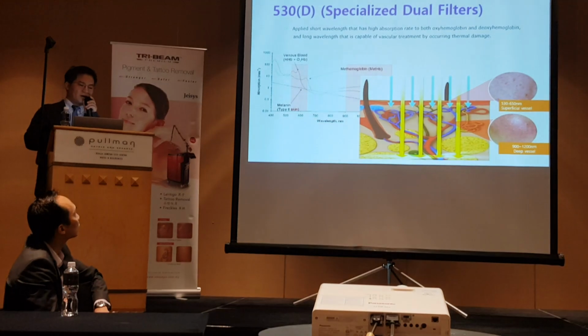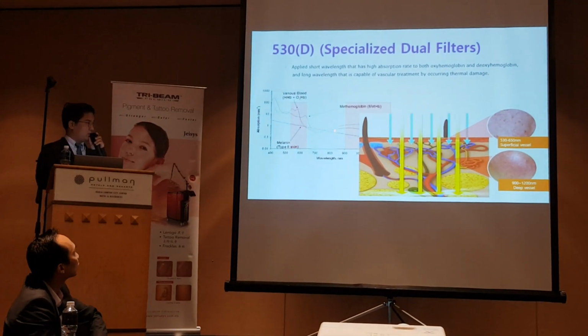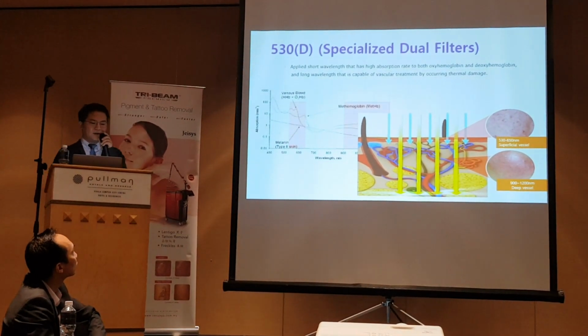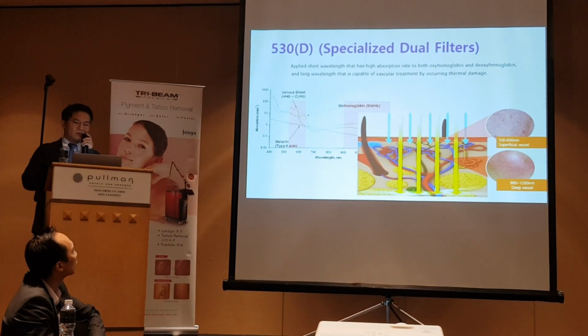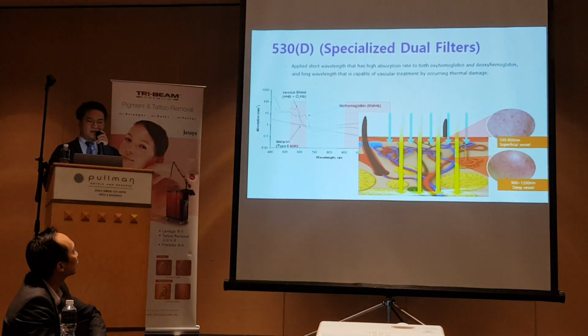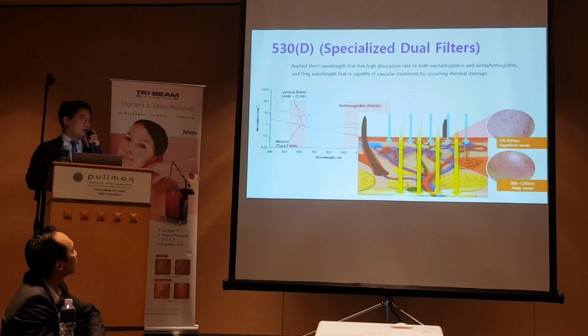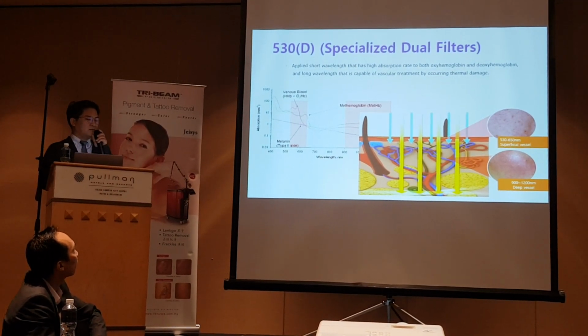The short wavelength band has a high absorption rate for both oxyhemoglobin and deoxyhemoglobin, and is for superficial vessels.